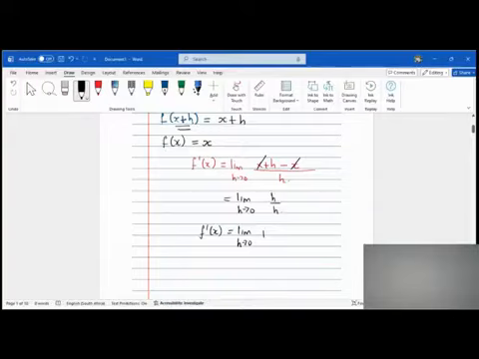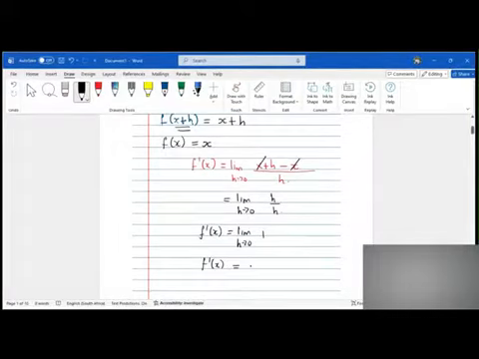We know that the limit of a constant is nothing but the constant itself. So f prime of x is equal to 1. That's what we noticed when we applied our first principle.